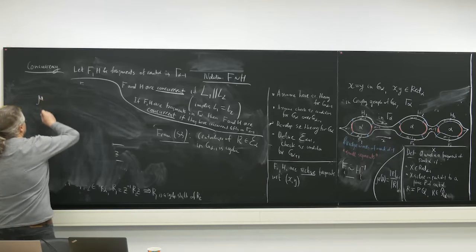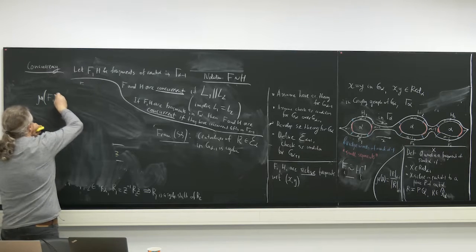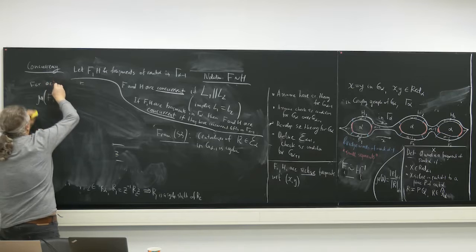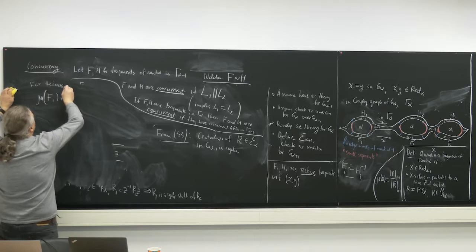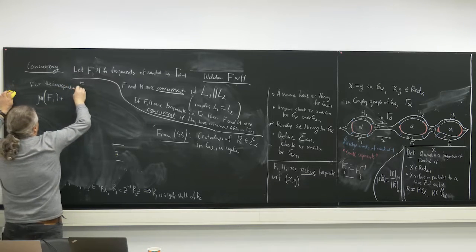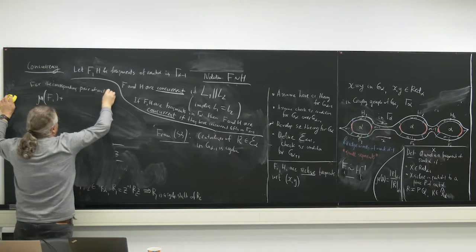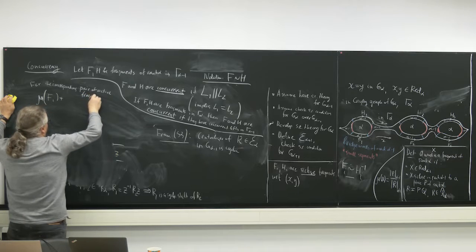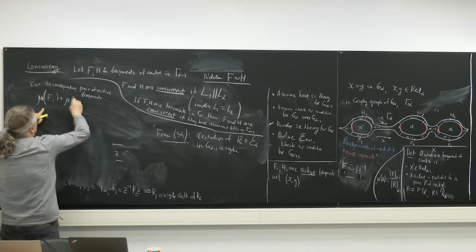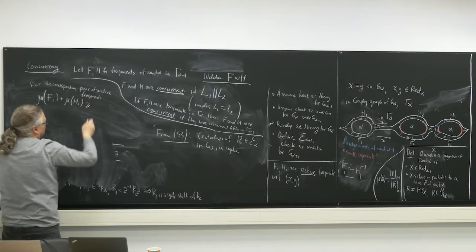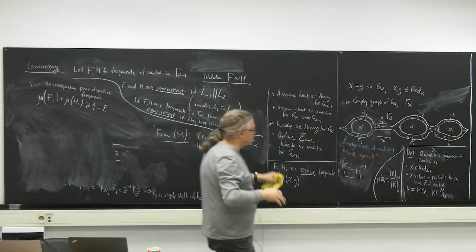If we measure these pieces, for a pair of corresponding active fragments, I have mu of Fi greater or equal to 1 minus epsilon, where epsilon is some small number.